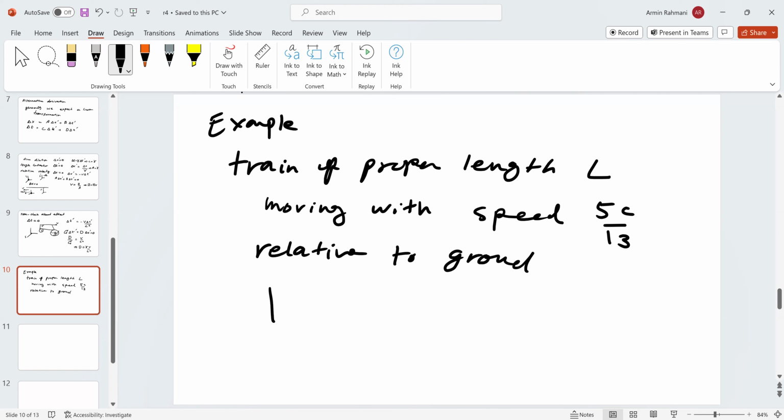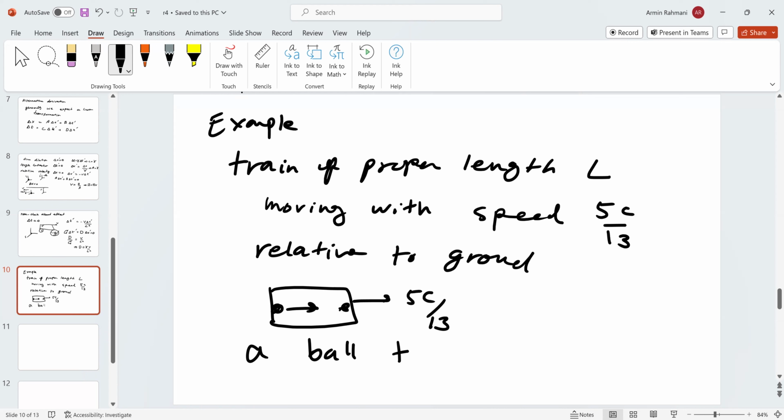And a ball is thrown from the back to the front, and it has, let's say, speed c/3 relative to the train.